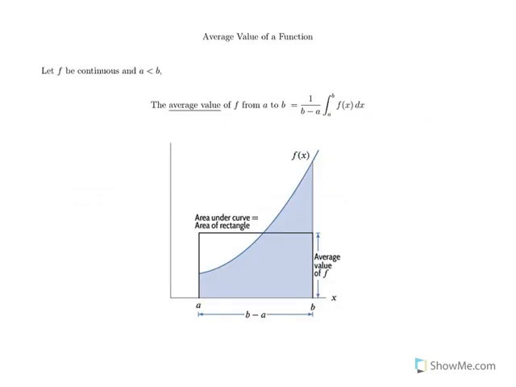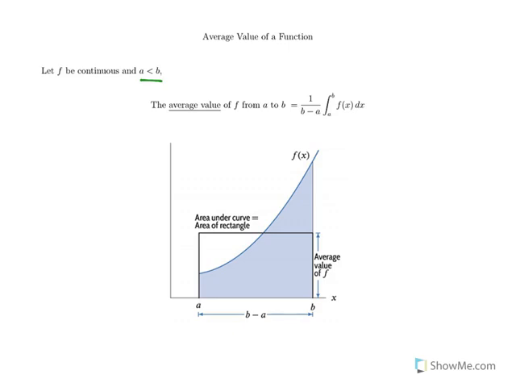Finally, we're going to do one more result, and that is looking at the average value of a function. So again, if we have a continuous function, here we definitely need that a is less than b. We kind of assume that's the case for most problems, but we really need it here. The average value of f from a to b is going to be 1 over b minus a times the integral from a to b of f of x dx.